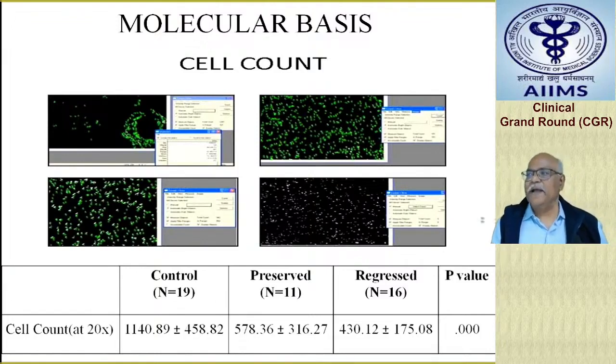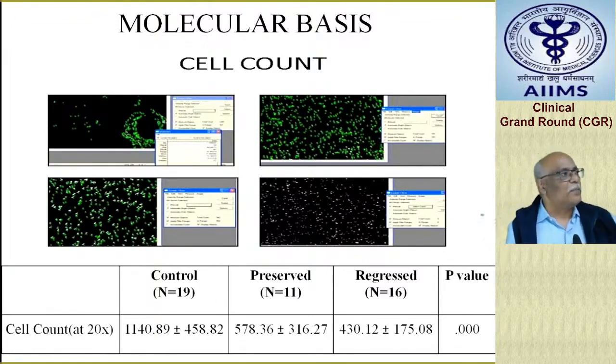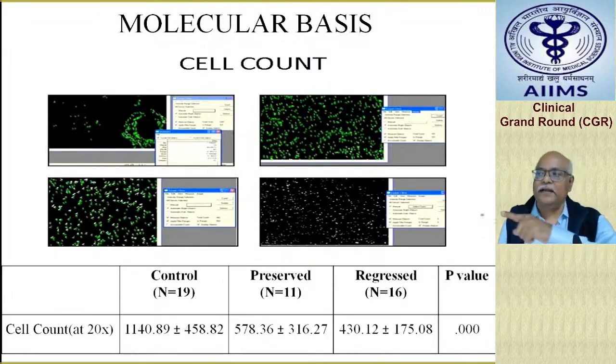Another very surprising fact: between the normal babies, who do not have any heart defect, and babies born with TGA, there is a significant reduction in myocardial fiber count. But among the TGA babies, those with preserved ventricle and regressed ventricle have almost equal myocardial fiber count.